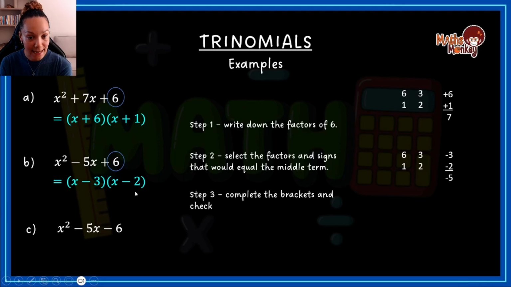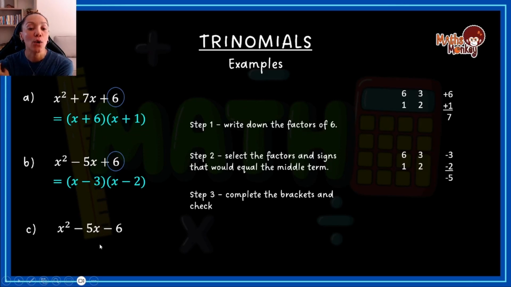If I go negative 2x and subtract negative 3x, it gives me negative 5x. That's how I know that this solution is correct. That's why I say complete the brackets and check. If we were to check the first example, we would go, okay, 1 multiplied by 6 gives me positive 6, so that's correct. And then 1x plus 6x gives me 7x.